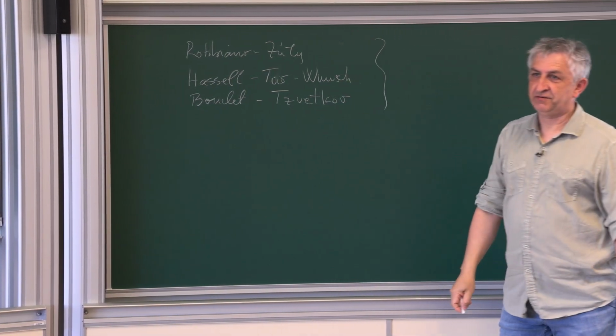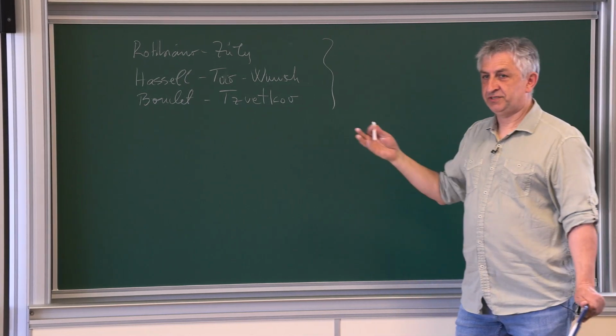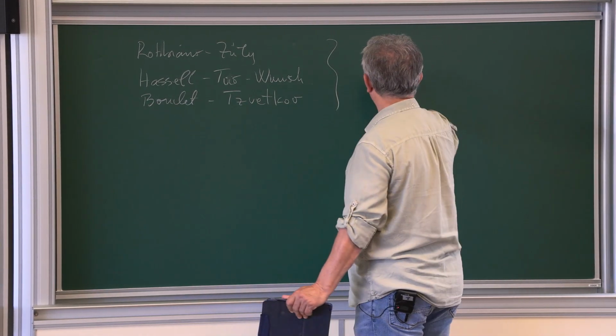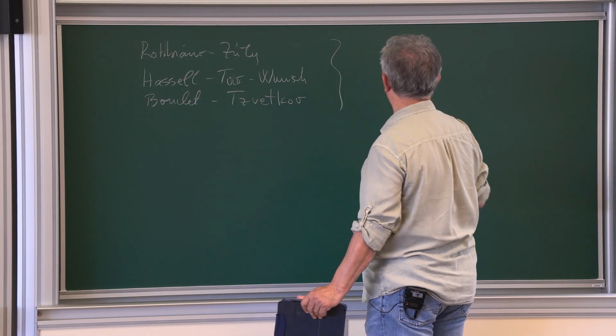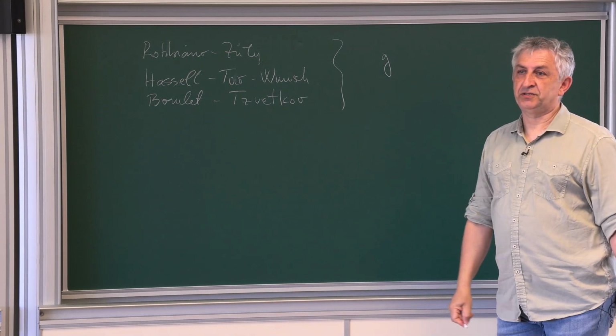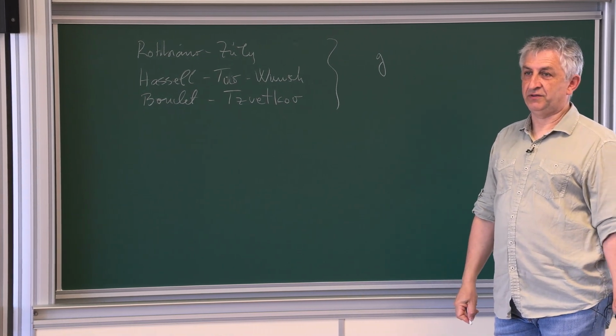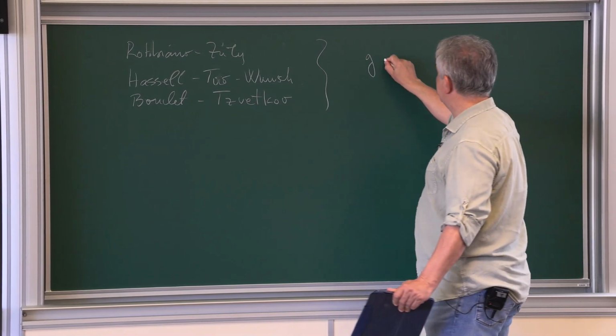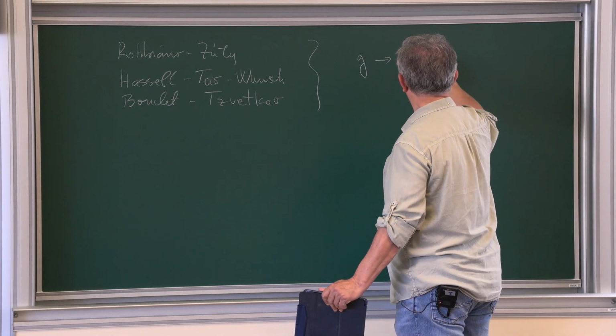So these were slightly different approaches which address the following situation. You have g, not a constant, not a compact perturbation of the Euclidean metric, but instead you assume that g is asymptotically flat.